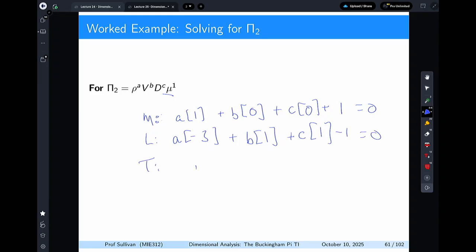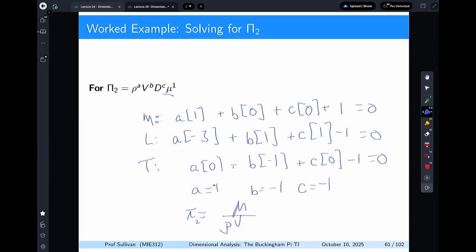Time: a 0, b minus 1 plus c 0 minus 1 equals 0. And I end up with a equals minus 1, b equals minus 1, c equals minus 1. And I end up with pi 2, which is mu over rho Vd. And so that's the Reynolds number, again, inverted, because I didn't define this as a negative 1 to start.